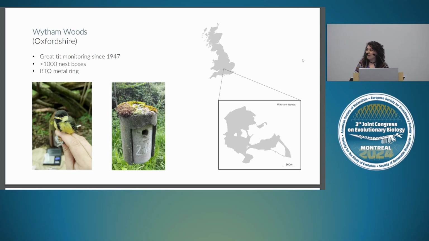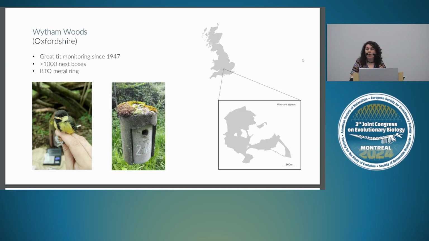Also, we have more than 1,000 nest boxes in which great tits nest every spring, and we record important life history traits and breeding traits such as clutch size and laying date, and we also ring or band them. So we put individual tags on their legs.